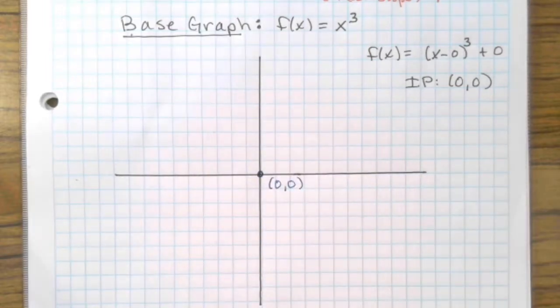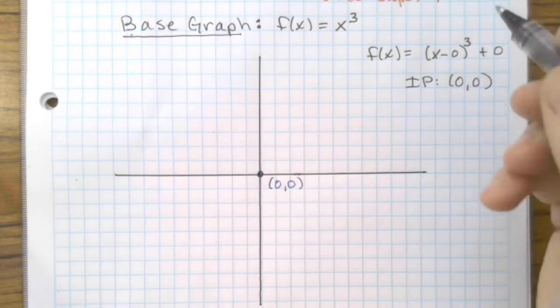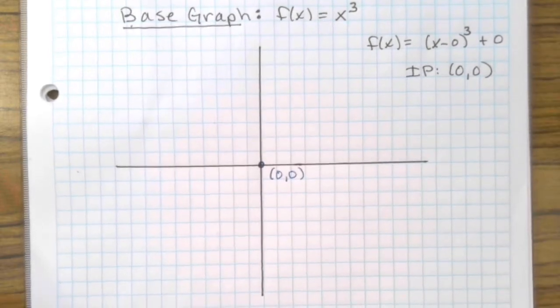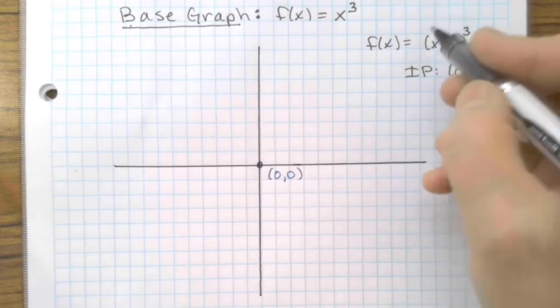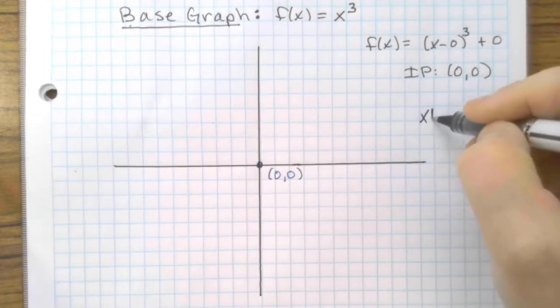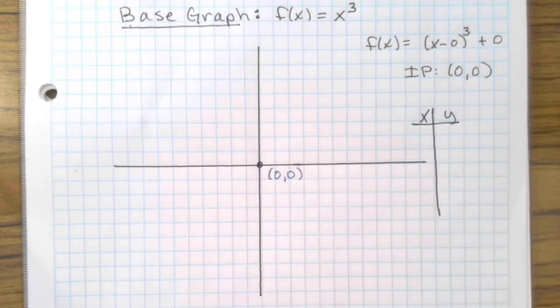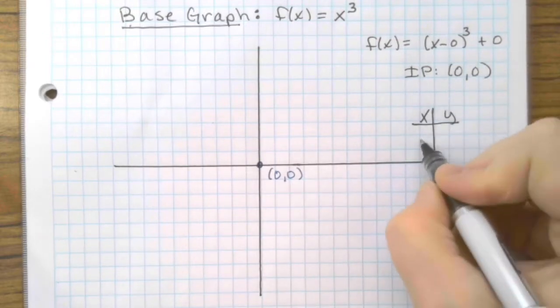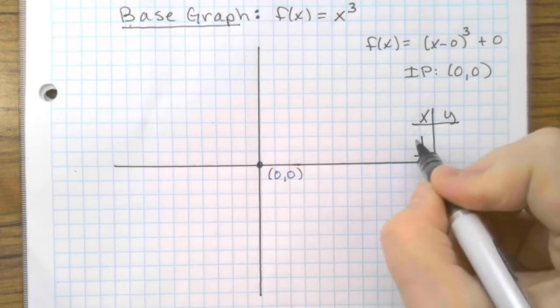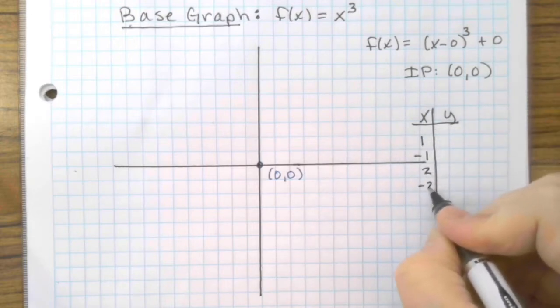So that's 0, 0. Now, from there, you're going to want points that are even. So a t-chart will work. And you want to be pretty close to each other. So like 1 and negative 1, 2 and negative 2.